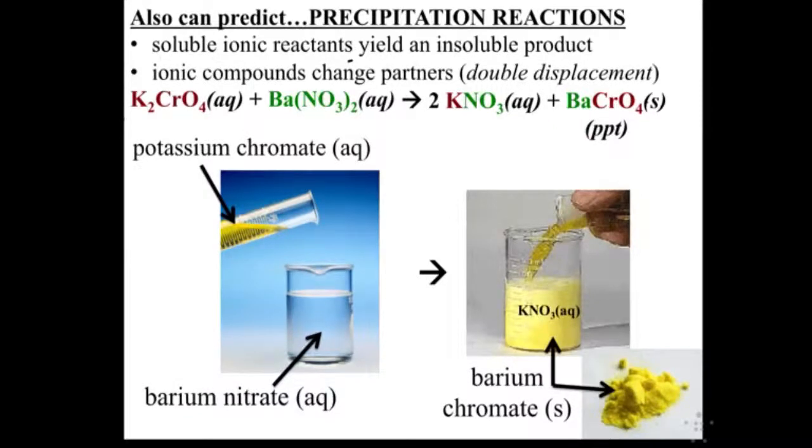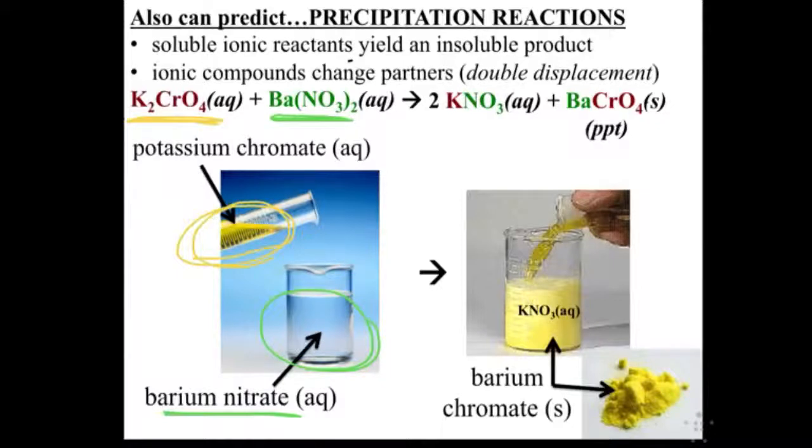So here's what this reaction actually looks like in the lab. The potassium chromate is this yellow liquid in the graduated cylinder. The barium nitrate is in the water here, and it's clear when it's in solution. So both of those are dissolved.